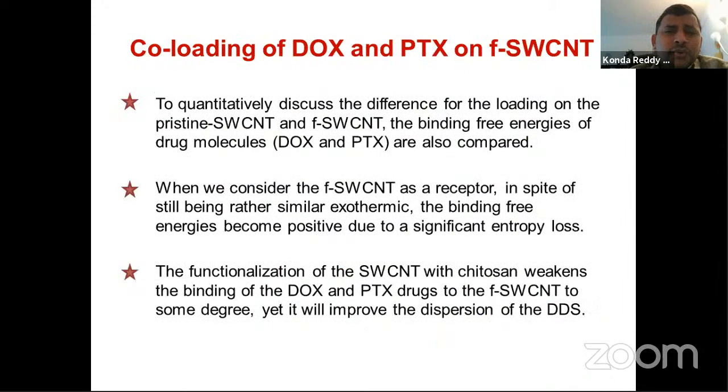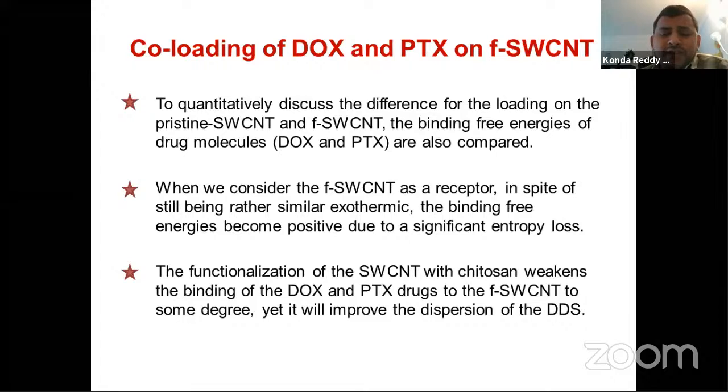Even though it is functionalized, the drugs perfectly bind to the carbon nanotubes. To quantitatively discuss the difference between the co-loading of the pristine and functionalized, we compared the binding and free energy differences between both. When we considered the functionalized SWCNT as a receptor, we found the binding is still similarly exothermic, with a significant entropy loss.